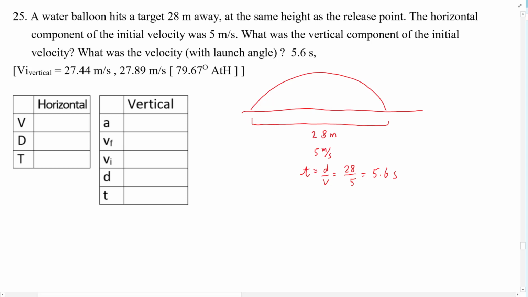So let's fill in the 5.6 and 5.6. Gravity is 9.8 down. This launch was at 5 meters per second, and the distance it went was 28 meters. The displacement total is 0.